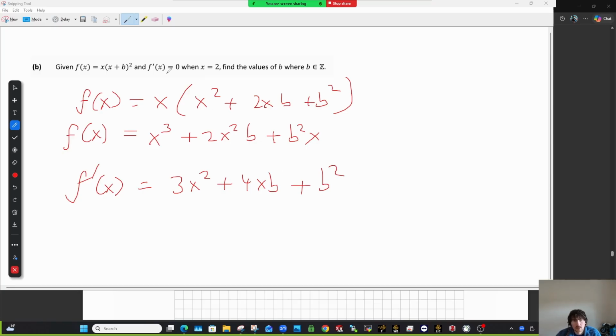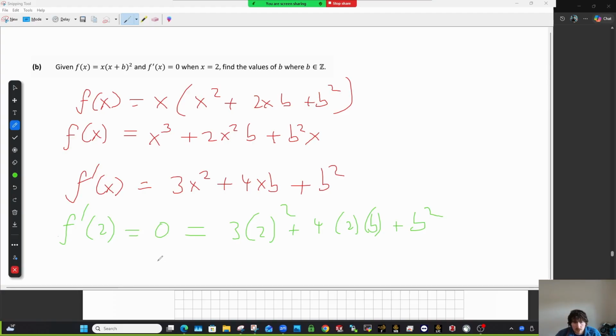We're told that this thing is equal to 0 when x itself is 2. So you would just show it like this for the examiner. f'(2) is 0, and that's equal to 3 times 2 squared plus 4 times 2 times b plus b squared.